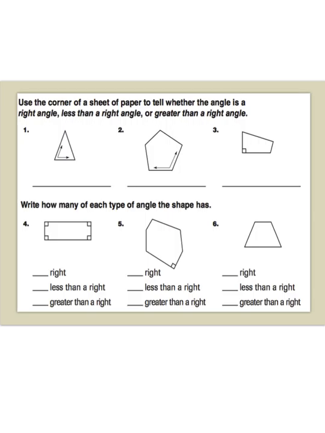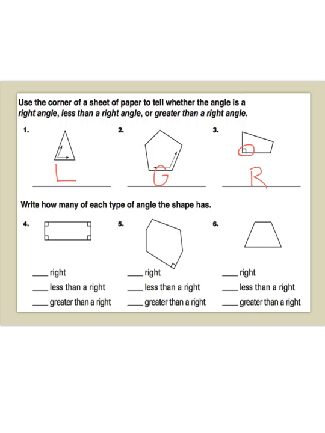Now, since you unpaused and you're ready to go, let's go over our answers. For numbers 1, 2, and 3, we had to write if it's less, greater, or a right angle. Number 1 is going to be less. Number 2 will be greater. And number 3 is going to be a right angle.